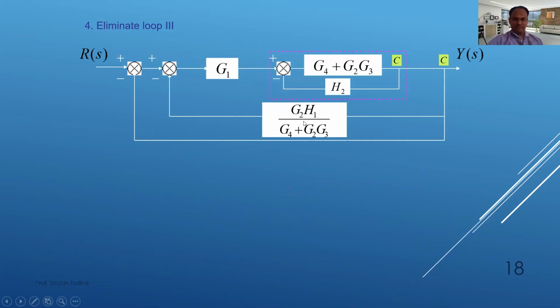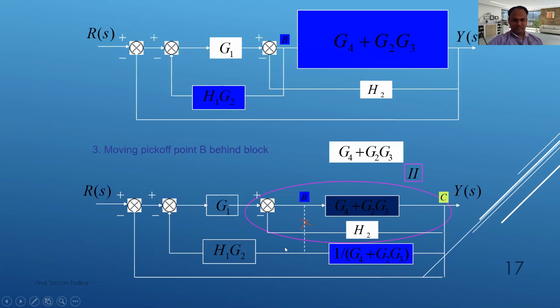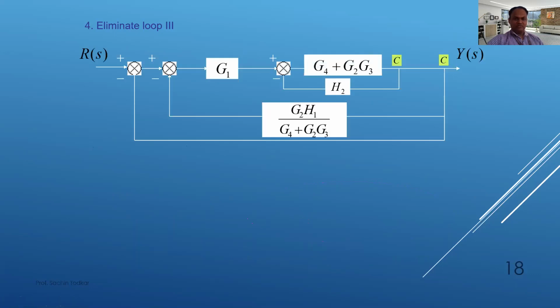Now the simplification of previous, this multiplied by this, as these two are in cascade, G2H1 divided by G4 plus G2 G3 will be your answer. So G2H1 divided by G4 plus G2 G3 is written there.